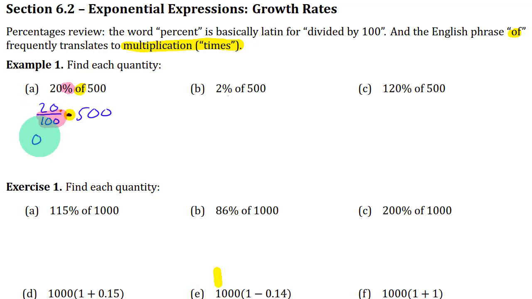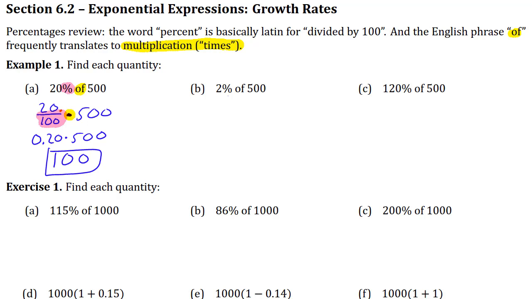So this is 0.20 times 500. You could multiply it with a calculator if you need to, or if you think you can do it in your head, getting the arithmetic practice is a good idea. But I know it's going to come out to be 100.